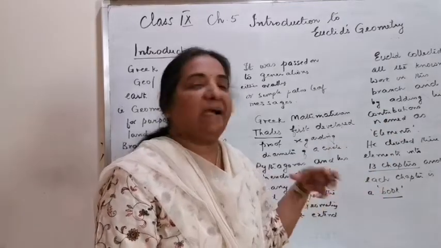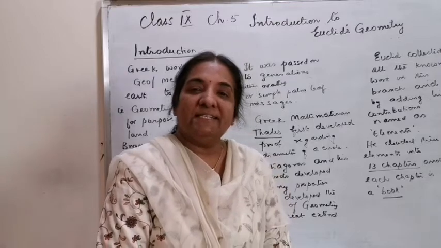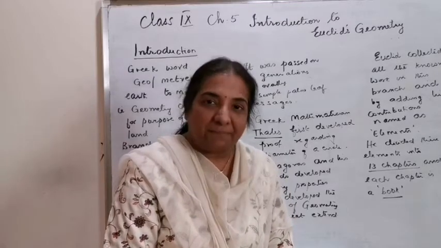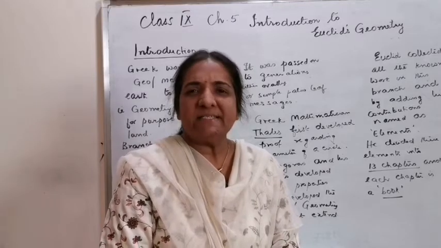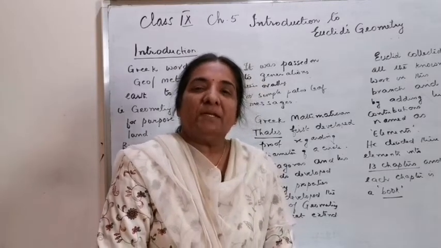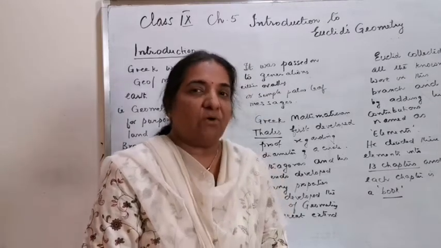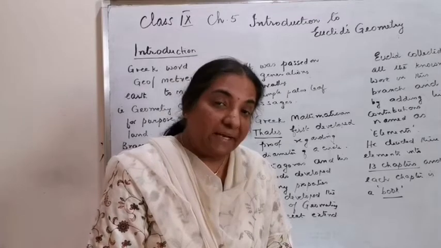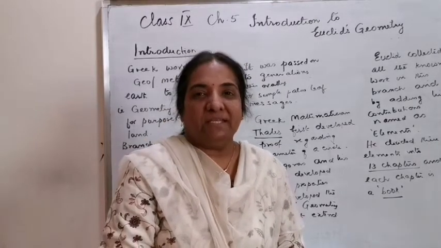He divided these Elements into 13 chapters, and each chapter was made as a book. This is the origin of geometry, and the definitions, axioms or postulates made by Euclid will be highlighted in this lesson.